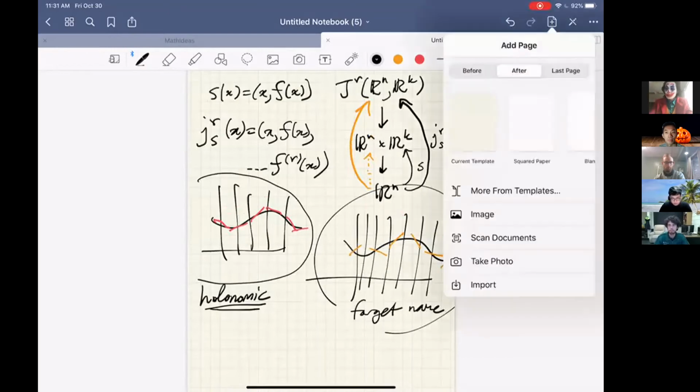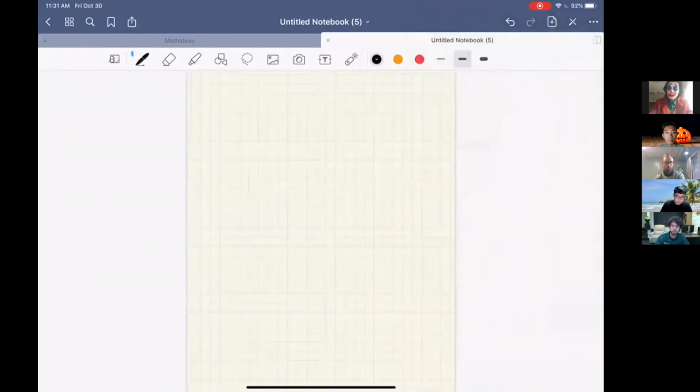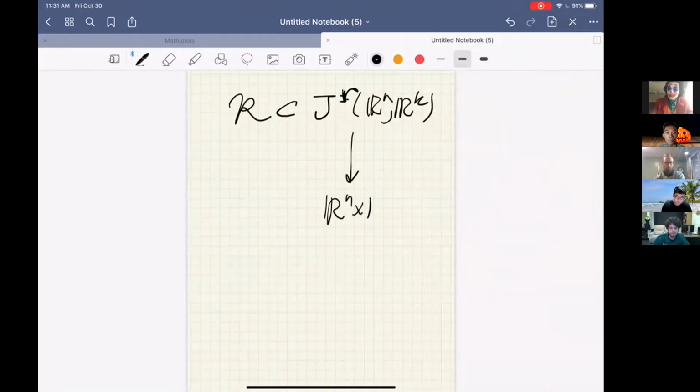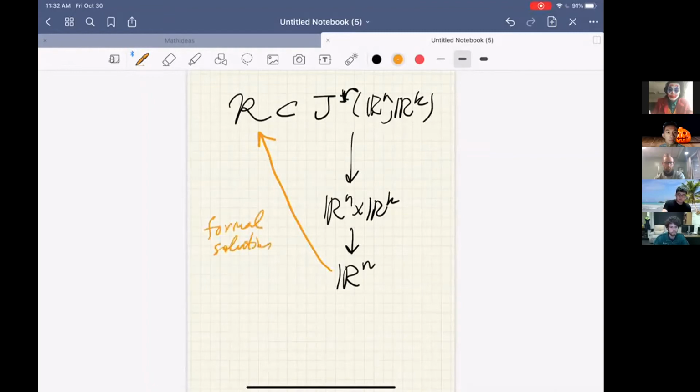And the whole reason we study partial differential relations as subsets or subbundles is here's another definition. Suppose you have a section from R^n into J^r that has image inside of the relation. A section with image inside of the relation is called a formal solution of the relation.